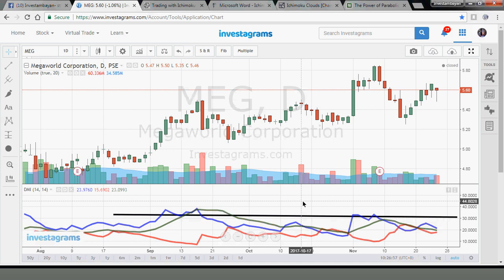Ano naman, strong downtrend, nasa taas pa din si ADX above 30, pero baliktad naman, si negative DI yung red, nasa taas ni positive DI, which is yung strong downtrend. And ranging, nasa baba, below 30 si ADX, then regardless kung ano yung position ni negative tsaka positive, ranging yun. Alright?